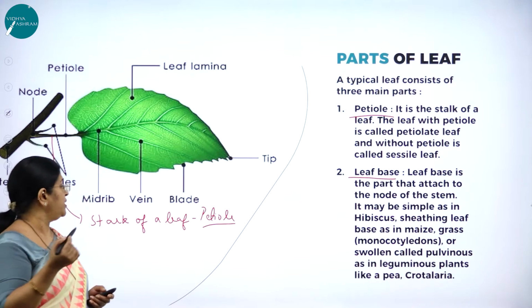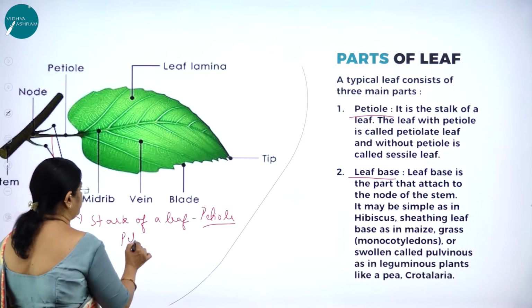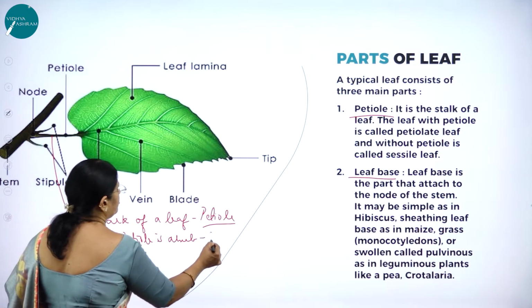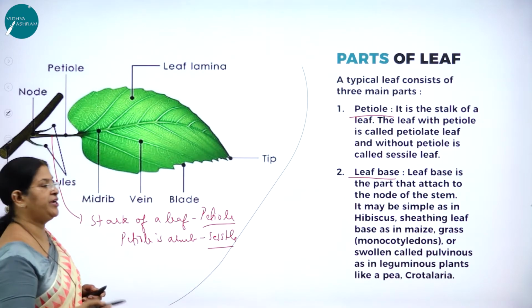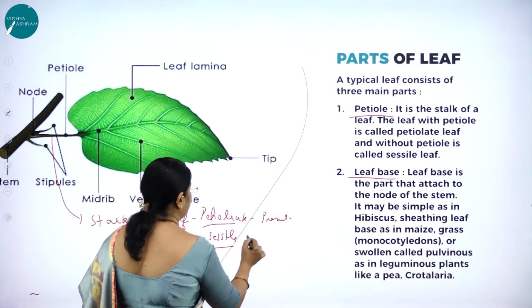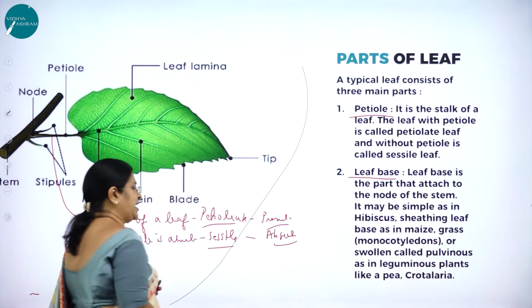Sometimes the petiole may be absent. When the stalk of a leaf, or petiole, is not present, we use the word sessile. Petiolate means petiole is present. Sessile means petiole is absent.